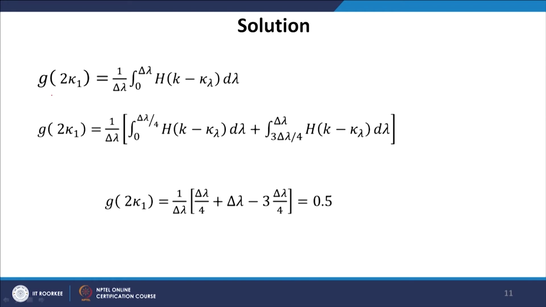So, g kappa 2, or g of 2 times kappa 1, is equal to 1 upon delta lambda, integral from 0 to delta lambda of the Heaviside function of k minus kappa lambda, d lambda. This Heaviside function we have to integrate over the entire spectrum that has been given.